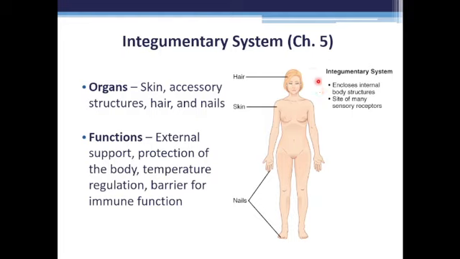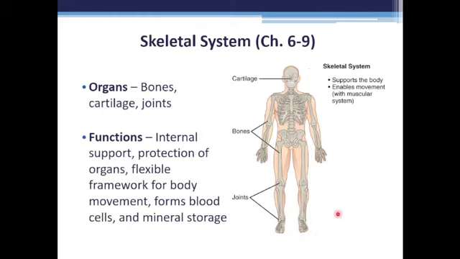Of course, we also need some even more protection. And now this is what we call the skeletal system. We're going to talk about it in chapters 6 to 9. The basic organs of the skeletal system are the bones. All of these are bones.